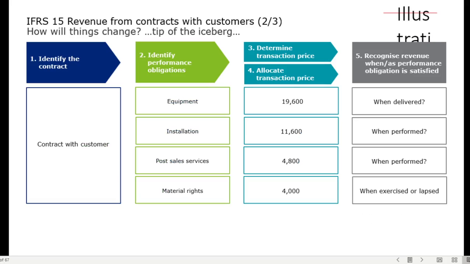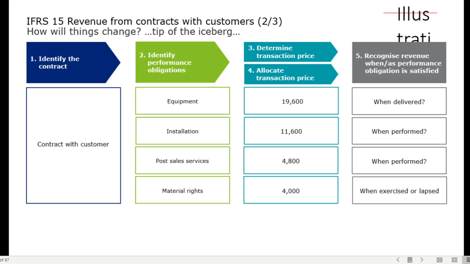The first step is to identify the contract. Is there any contract with the customer? Usually the contract is a written contract, so you can definitely say yes, there is a contract. So the first step is identified. Now the second step is identifying the performance obligations. If the company is selling the equipment along with the installation all the time, and not doing installation separately, that will be considered one performance obligation.